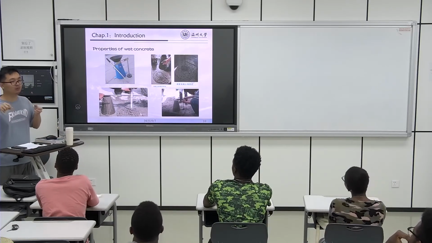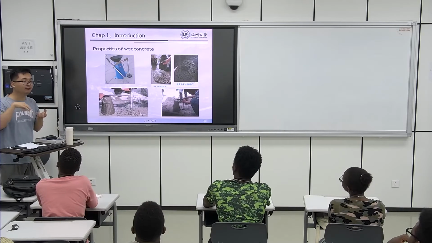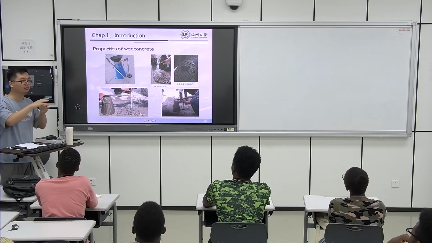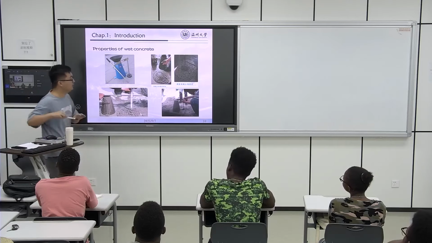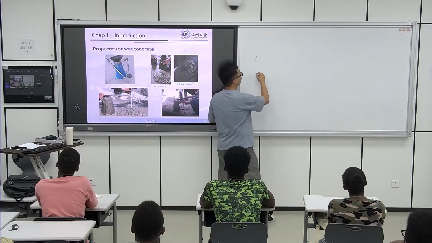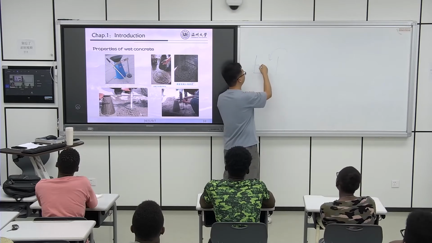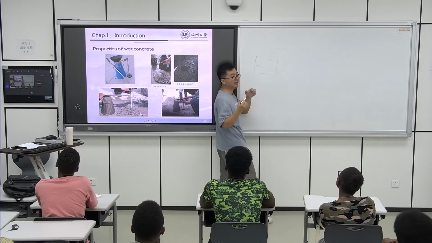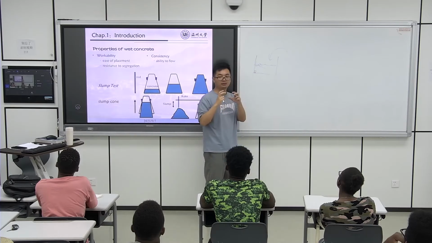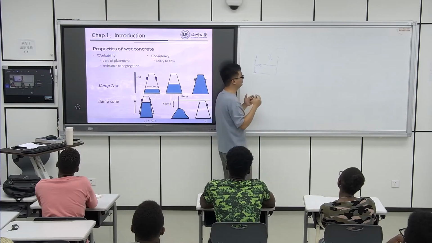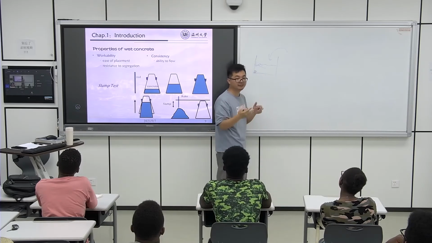Because when we construct the structure, right? If it flows really well, it will fill the mold. Can you get my point? Here we use some wood to build the mold, and then we pour the concrete in. If it's wet, it's good at flowing, which means it will be full, not empty of something.